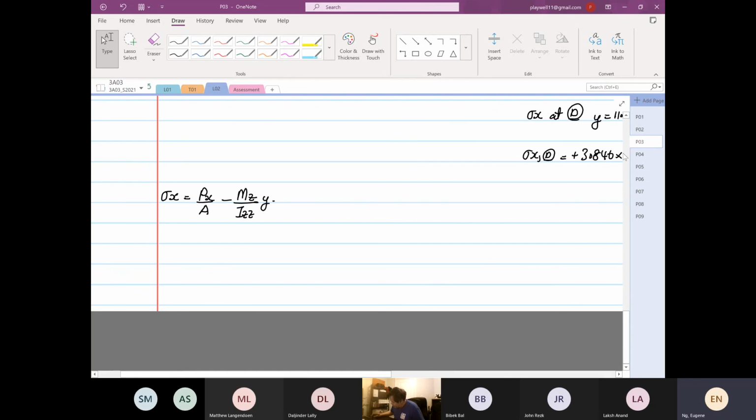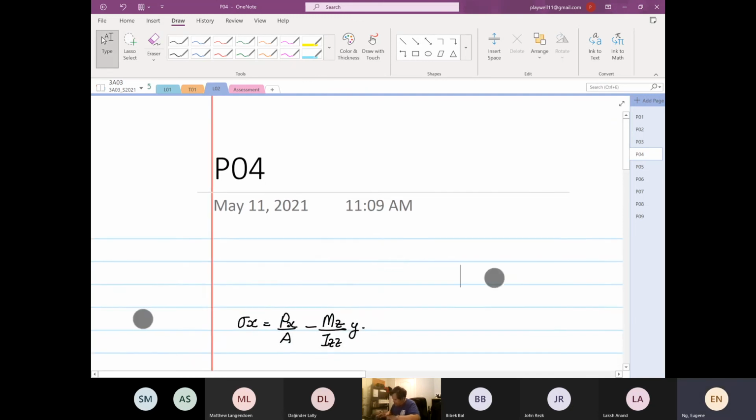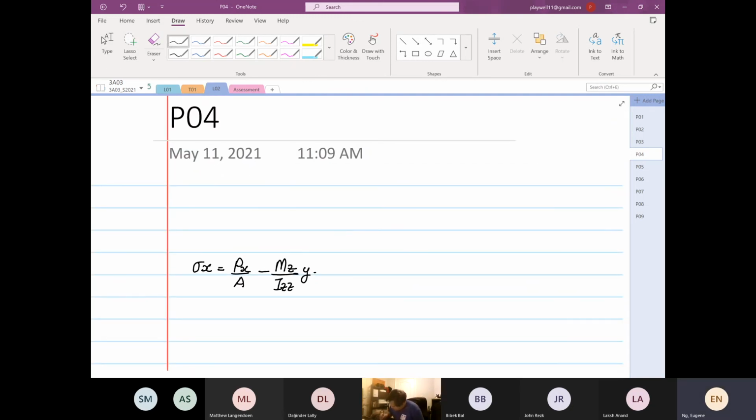I'll start in a new page. This is foolish of me. Okay, so what we're going to do is find the location of the neutral axis.